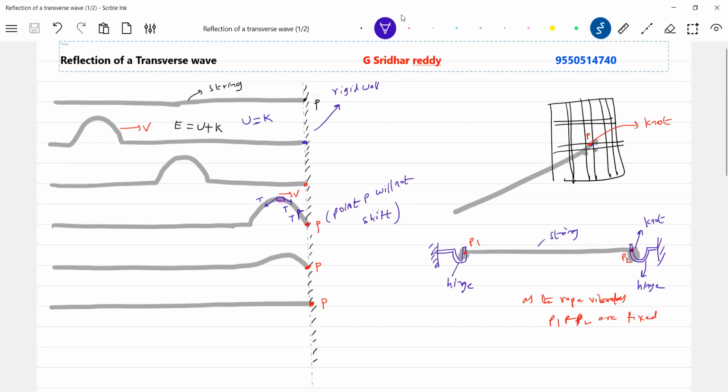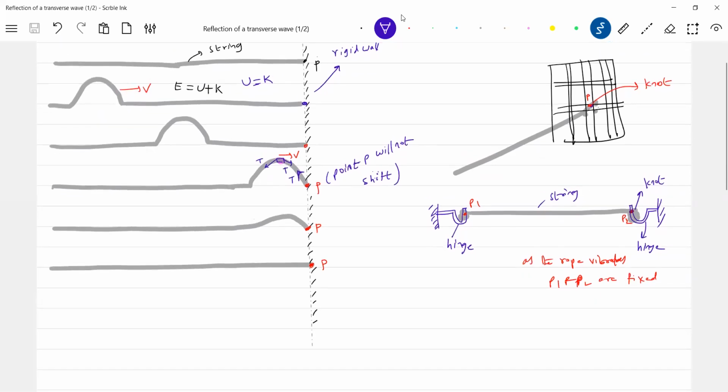Fine. Okay, now what will happen next? After this, the rope will start taking shape like this.